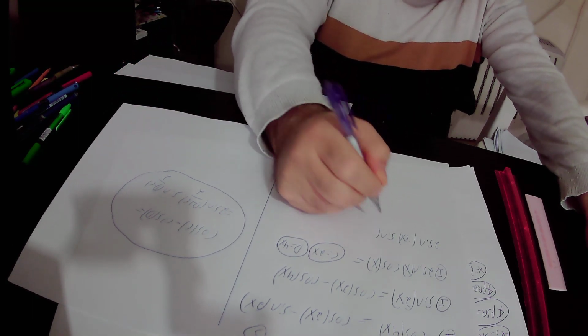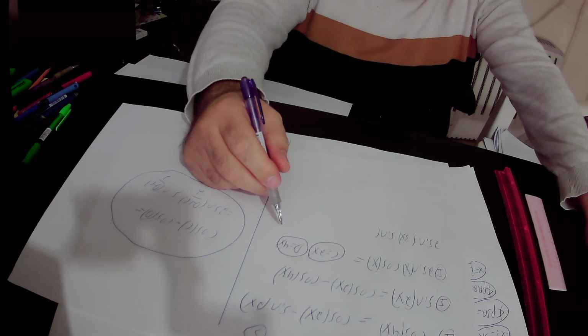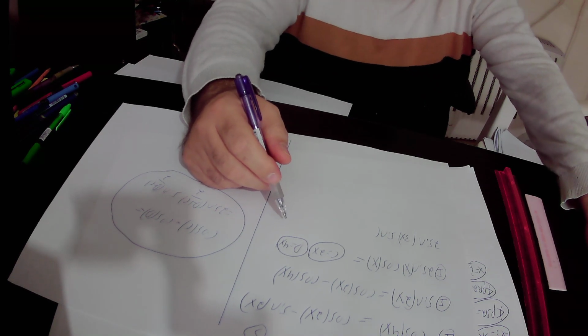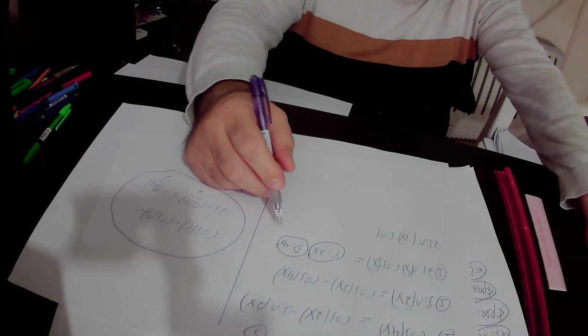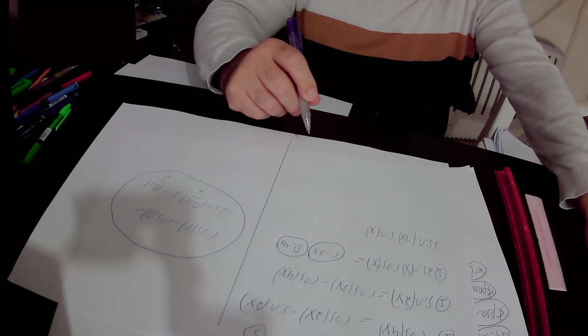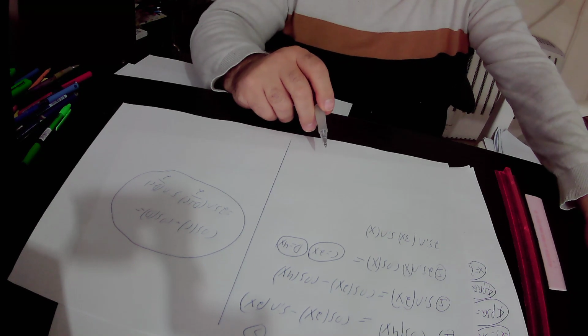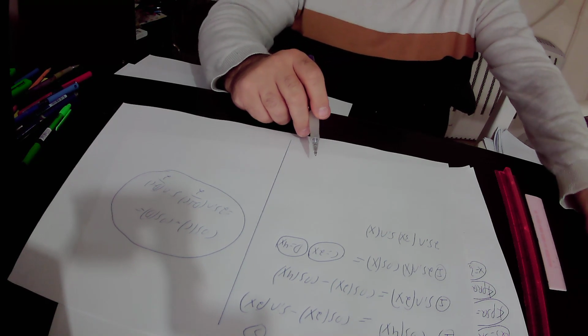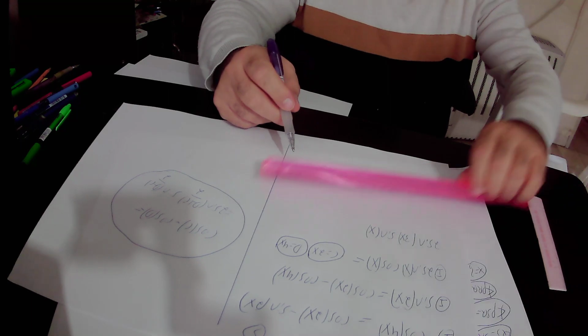D is 4x, C is 2x, so 4x minus 2x is 2x, and 2x over 2 is x. Okay, so we found out that 2 sine x cosine x equals 2 sine 3x sine x.